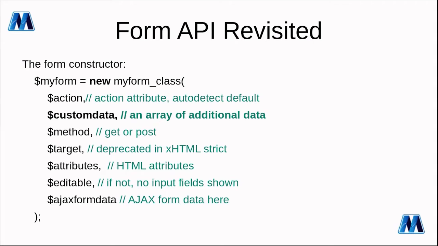When you want to work with forms in your code, you get an instance of the form class, and the parameters you pass through are all optional, but these are the standard parameters. Action, which auto-detects by default, is the URL to which the form is going to be submitted.